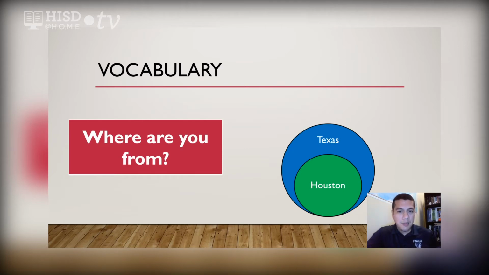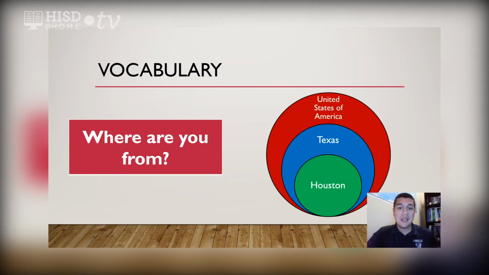So this is an example of how one group fits inside of another group. If you think about it further, you are also part of the people that live inside of the United States of America. And this right here is a Venn diagram, a visual representation of how one set is included in a bigger set.